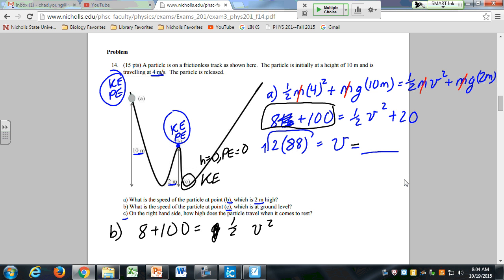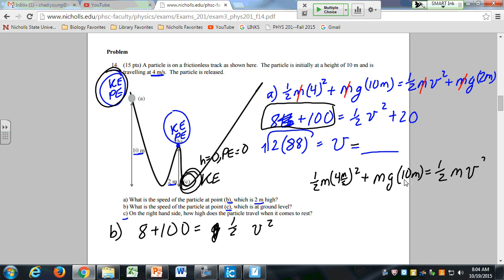Can you write out all the steps? Okay, let me write out the steps here. So I have the total energy over here, that's 1/2 mv squared, with v at 4 meters per second, plus m times g times h, which is 10 meters, equals the kinetic energy down here, 1/2 mv squared.